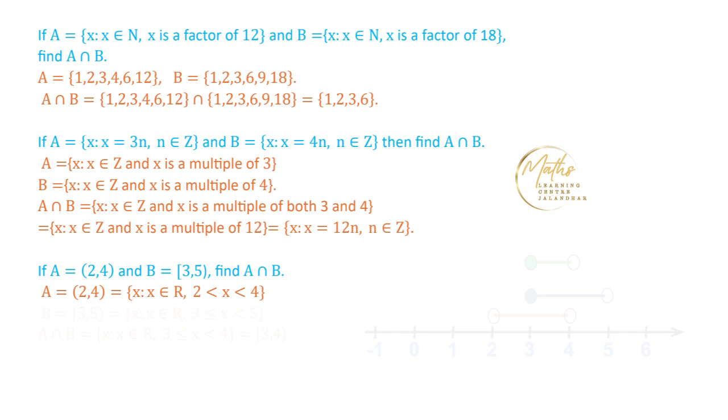Next, B is those real numbers for which 3 is less than or equal to x is less than 5.